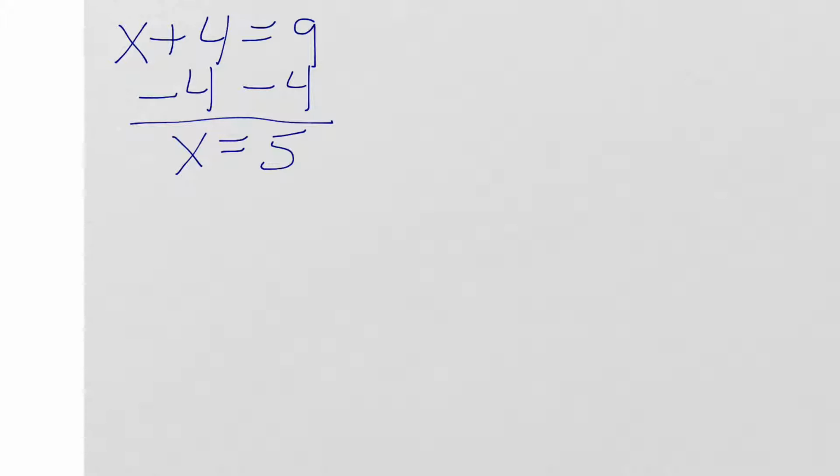X equals 5. But what if we had an equation like x plus y equals 9? Now it's not obvious what we're solving for, which is why we have to be told which variable we're solving for. So say in this problem, we also wanted you to solve for x. Well, in the first equation, solving for x meant getting that x by itself on one side. Solving for x in this other one is basically saying the same thing.